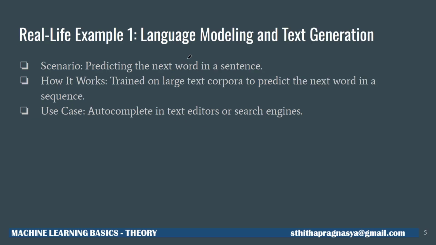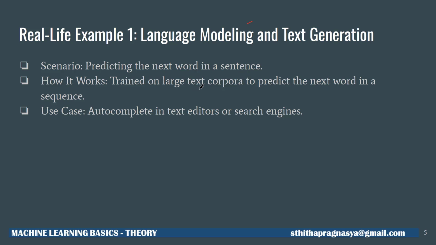So if you look at some real life examples, we can use them in language modeling and text generation. What is the scenario? Predicting the next word in a sentence. RNNs can be trained on large text corpora to predict the next word in a sequence of words. For example, given the input 'the cat is on the', the RNN might predict 'mat' as the next word.